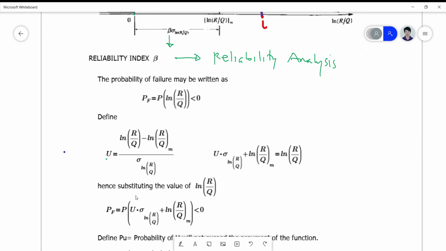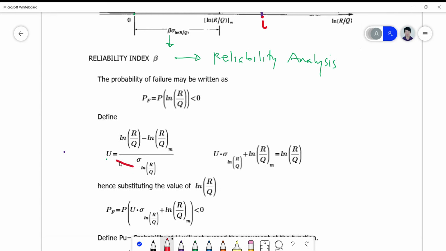So how do we transform now the probability of failure into the probability of having this argument being less than 0? We simply transpose this standard deviation.